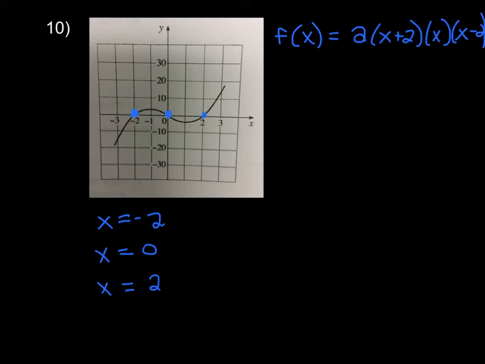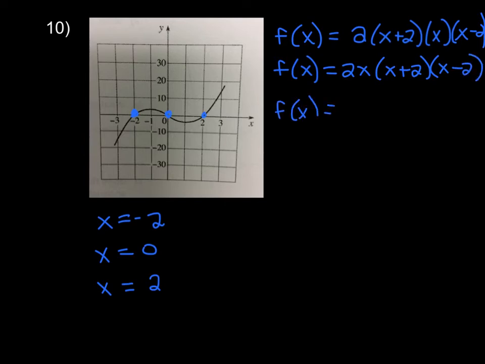So standard form means we need to take all this and multiply it out. So first thing I'm going to do is rearrange this. I'm going to take this x right here and just bring it over with a 2. So it says 2x. So we have f of x equals 2x, and then I'm going to bring down my x plus 2, and I'm going to bring down my x minus 2. All right, so let's keep going. I'm going to first multiply these out right here. So let me just bring the 2x down.